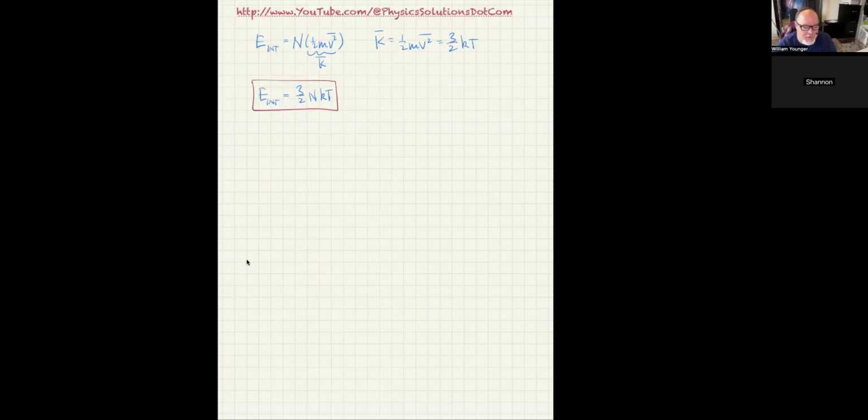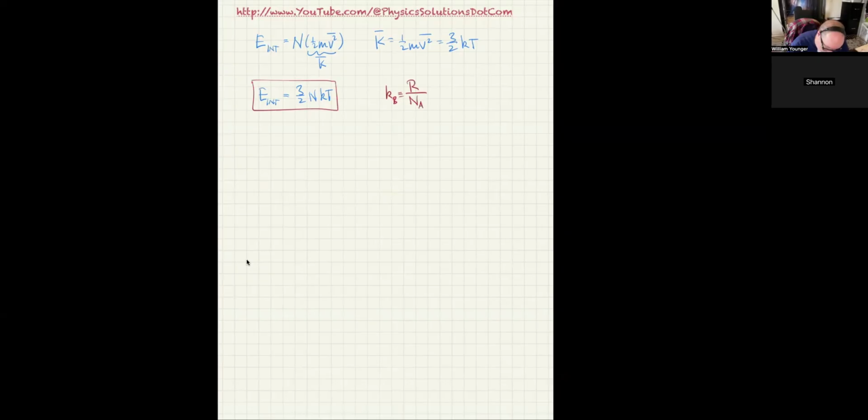So that is a real expression that we can use. Of course, we can also remember that k, the Boltzmann constant, is actually defined to be R, the ideal gas constant, divided by Avogadro's number, the number of atoms or molecules in a mole.